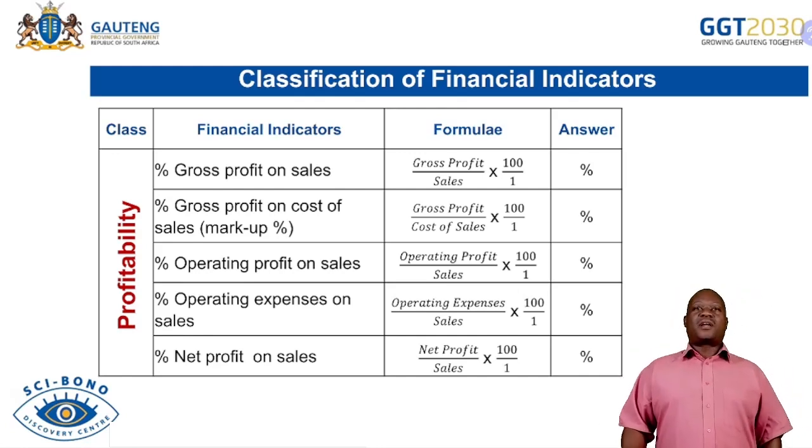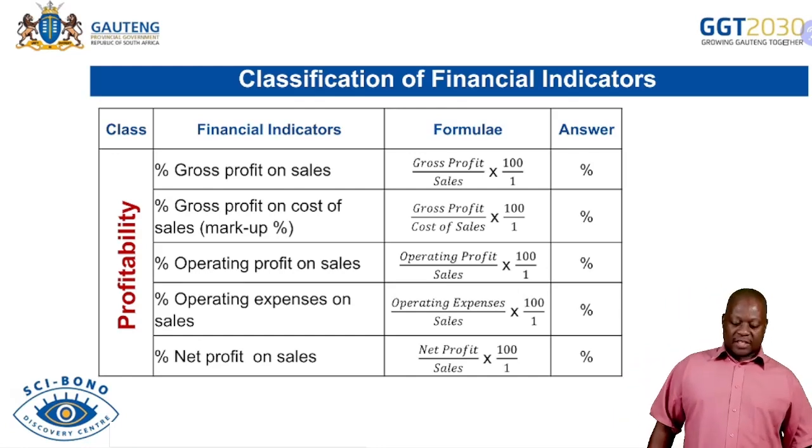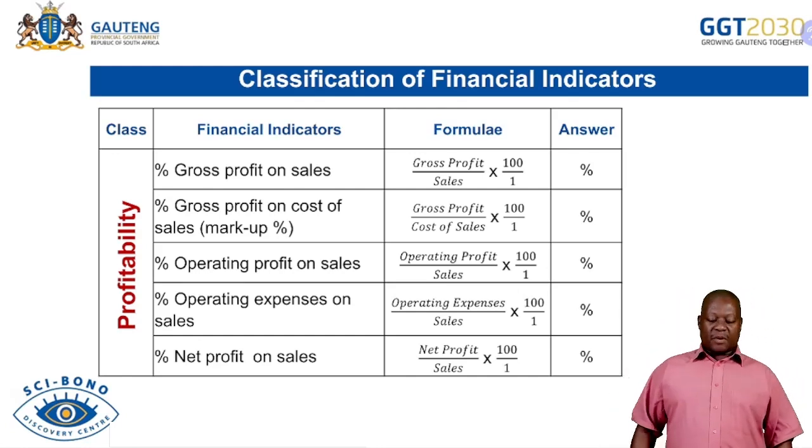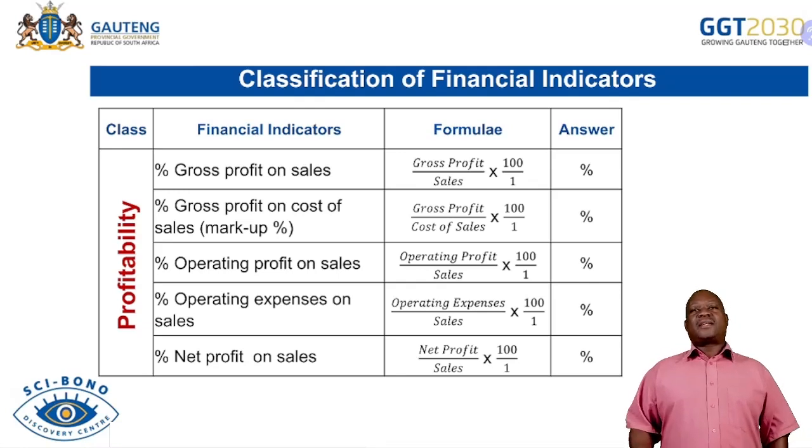Now, if you check on the slide that I've given you just now, we are given about 5 indicators which indicate profitability. Here it is measuring around sales, cost of sales, gross profit, operating expenses, and our net profit.